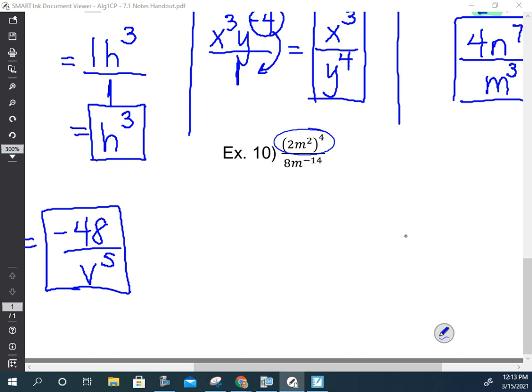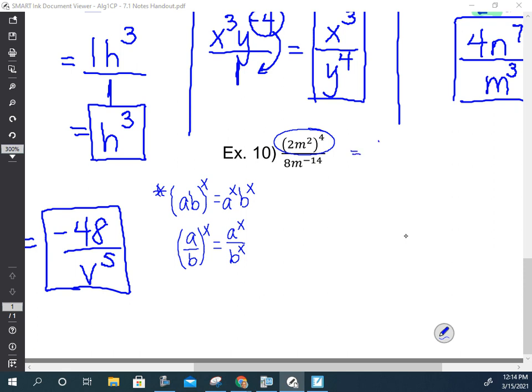So remember, you have two different bases raised to the same exponent, you distribute that way. Or you have a fraction raised to the same exponent, and you distribute that way. Now, since we don't have a fraction inside the parentheses, we just have two different terms, we distribute using this first property.